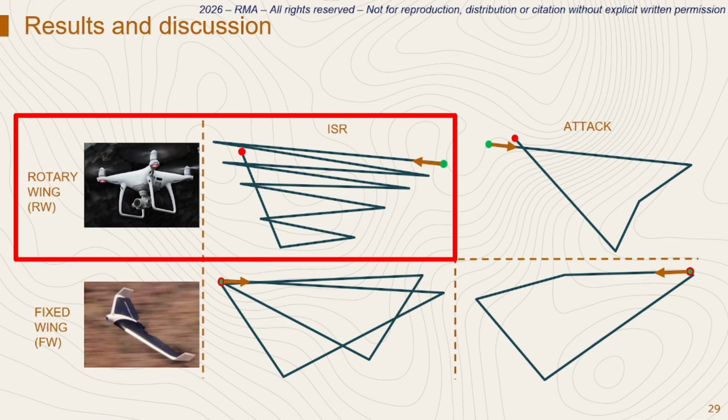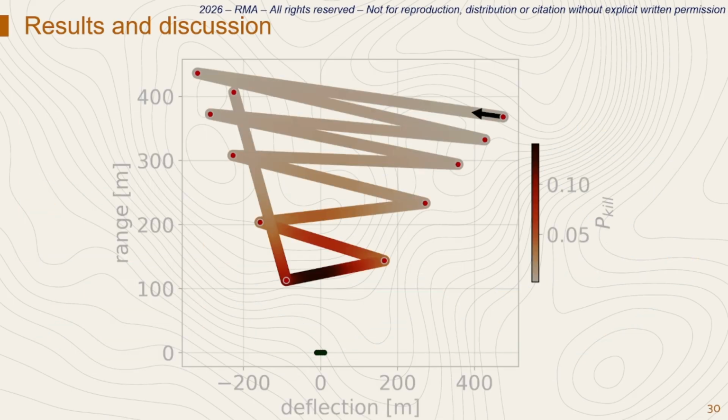And for the sake of the results, let's focus on the ISR mission, the observation mission executed by the rotary wing drone. When we apply the methodology, this is a typical result it could provide us. We're looking at a range versus deflection graph here, where those 5 black points are the 5 operators, and you notice that the flight trajectory of the target is color coded.